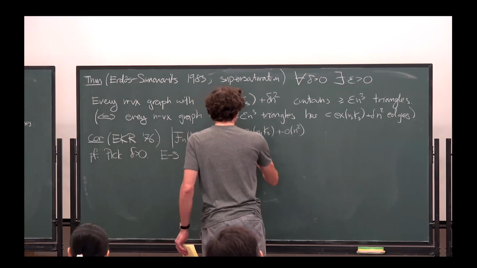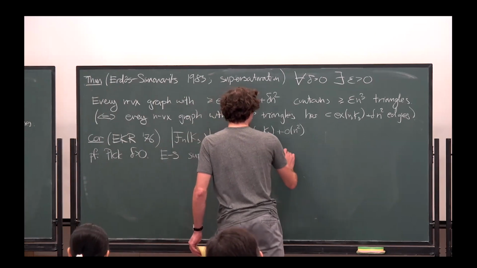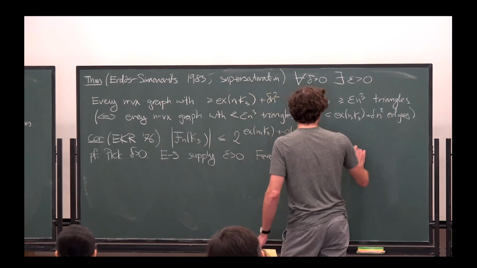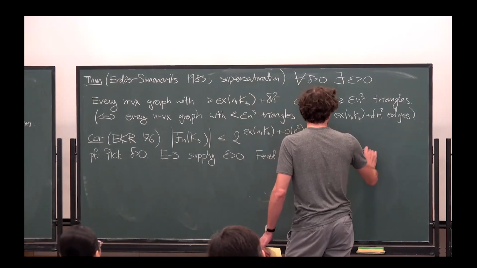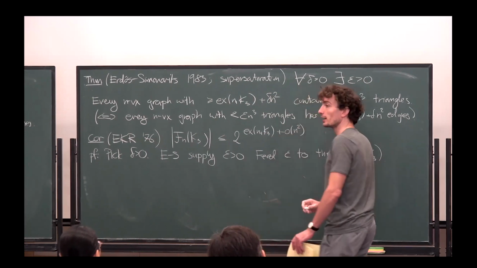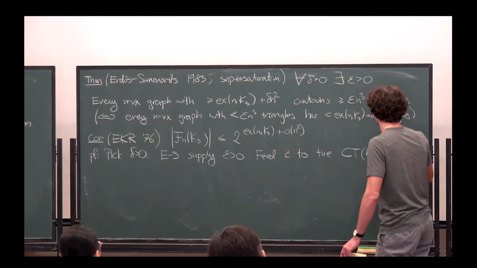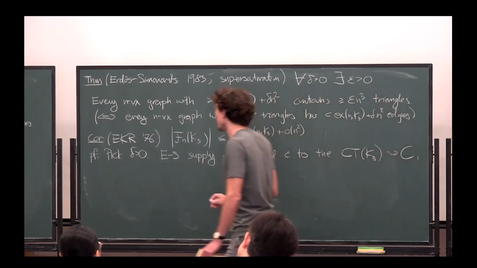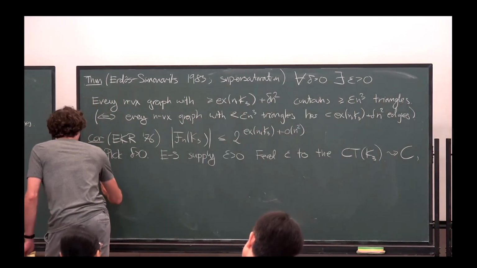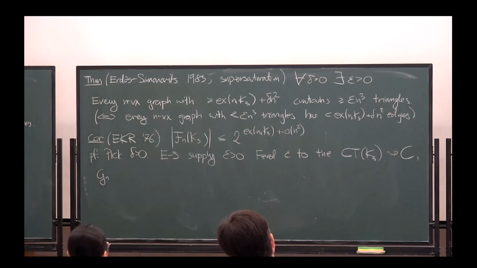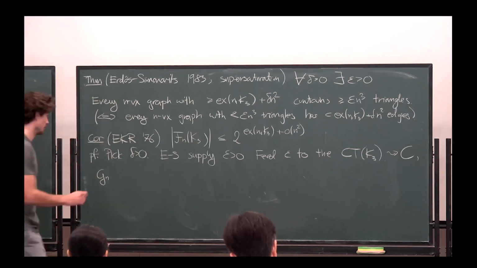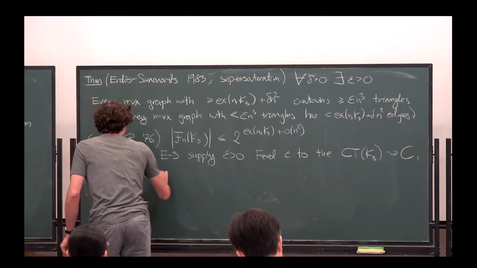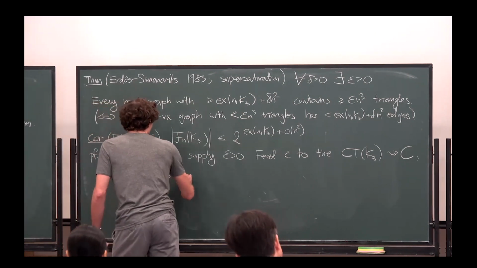And we feed this epsilon to the container theorem for triangle-free graphs, and we get the constant C. And more importantly, we get the family Gn of containers for every n.